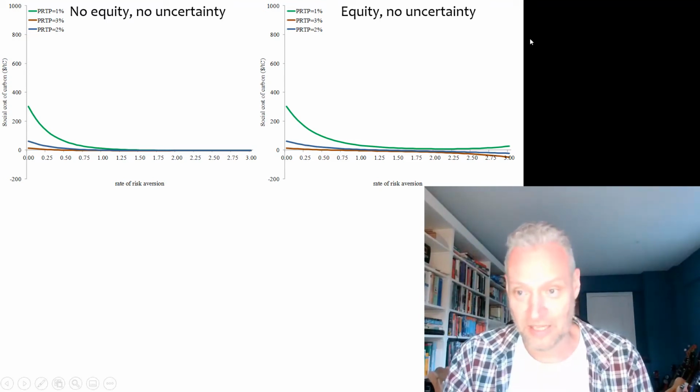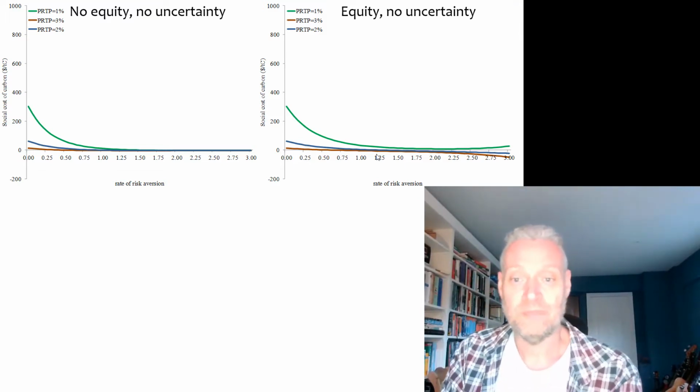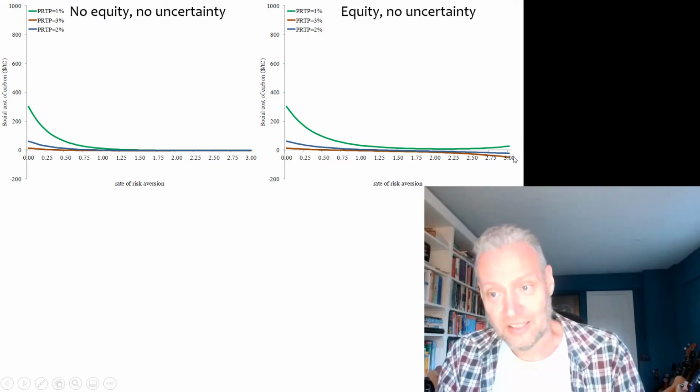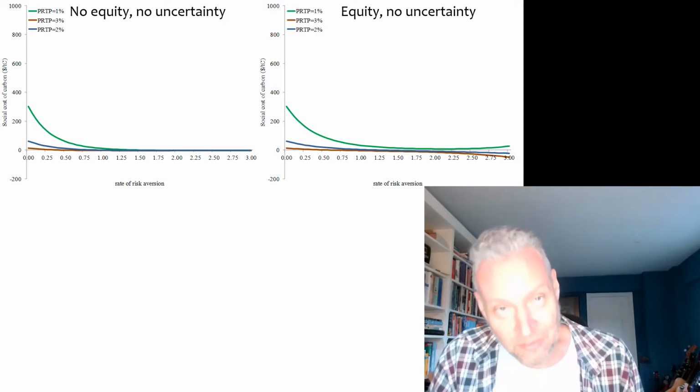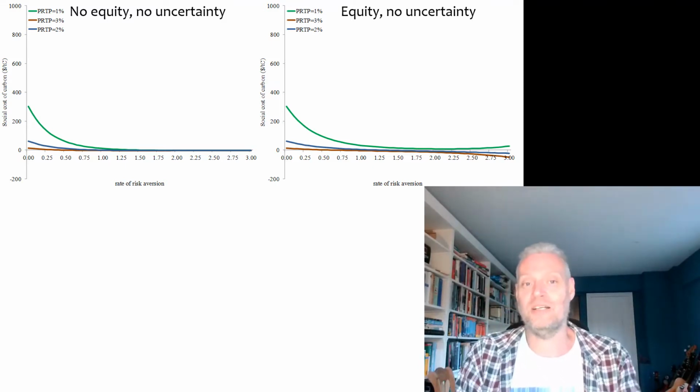So that explains why the curve is going up. We just put more and more emphasis on what is going on in poor countries. Now there's something else going on with the blue curve and the brown curve. They become negative. It's a social benefit of carbon. We want to subsidize greenhouse gas emissions rather than tax them.